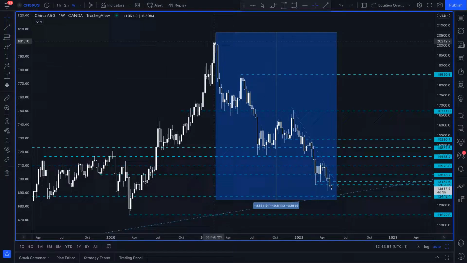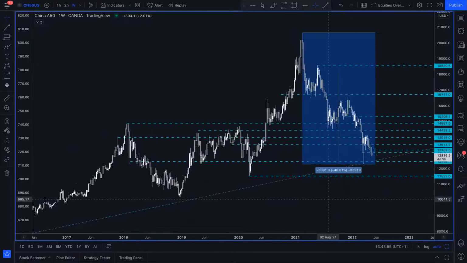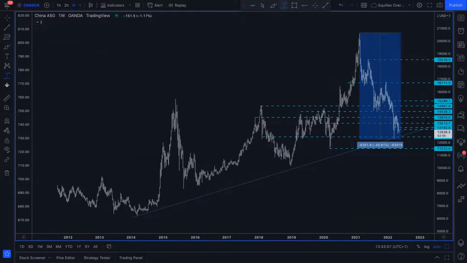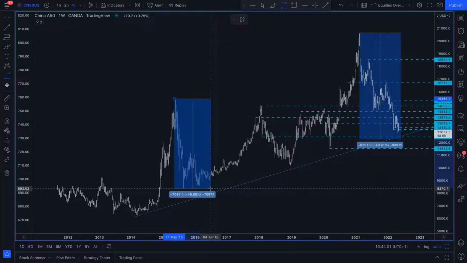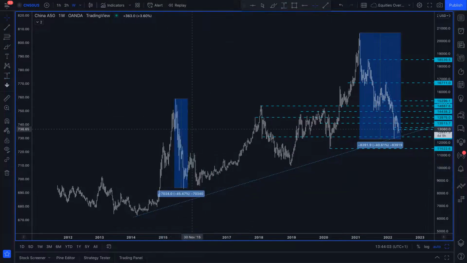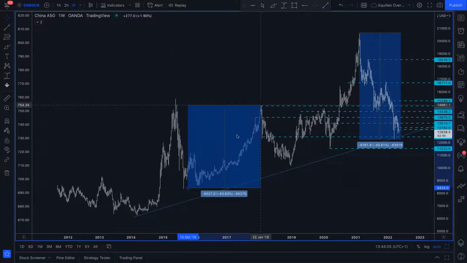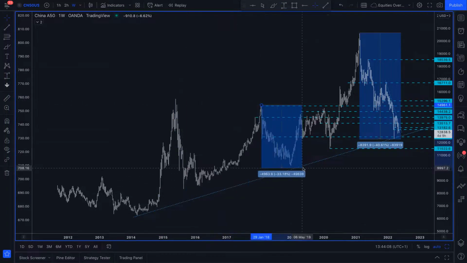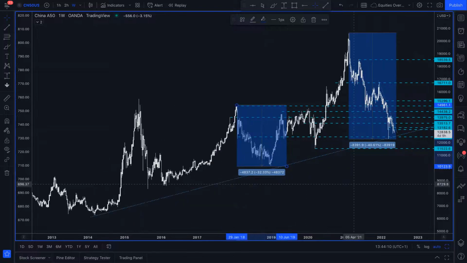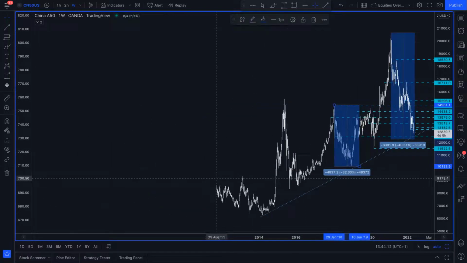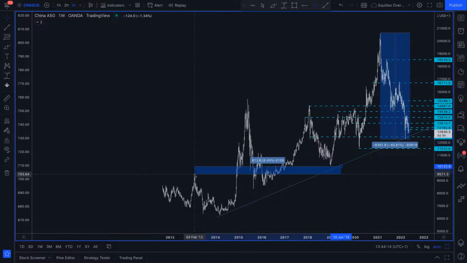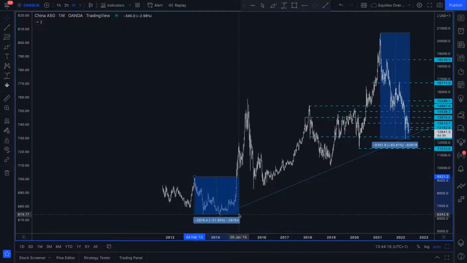Do you see that correction lower? From 15th of February, it's like a 40% drop. Now, typically when you get these sort of 40% drops, we had one in 2015, had another nearly 40% drop in 2018, another drop over here in 2013, right, 30%.